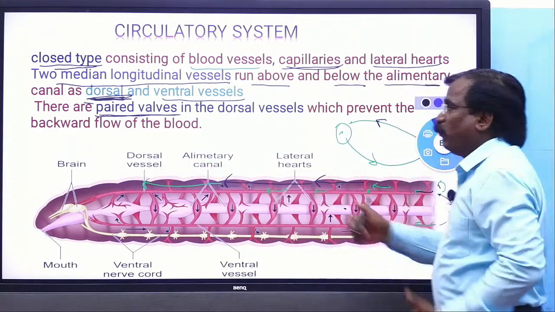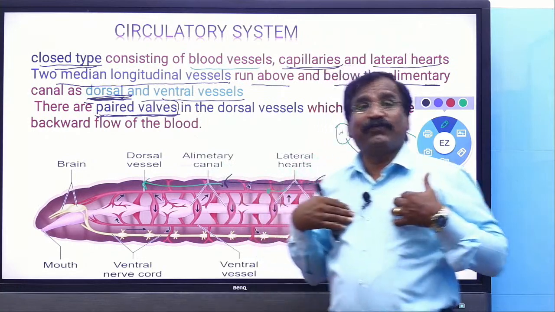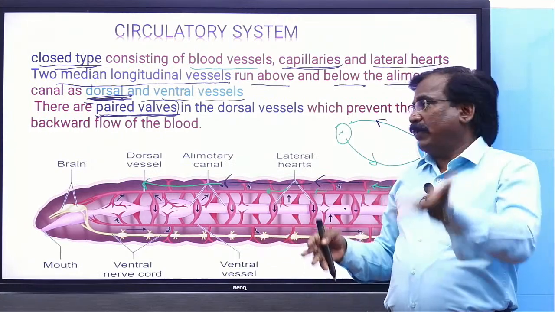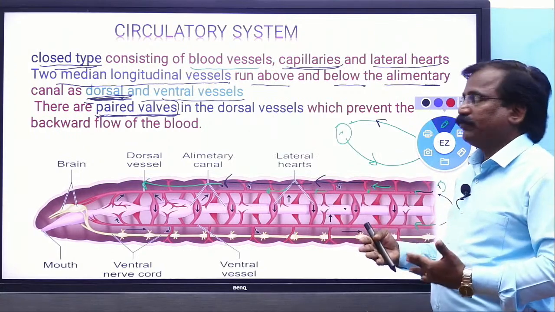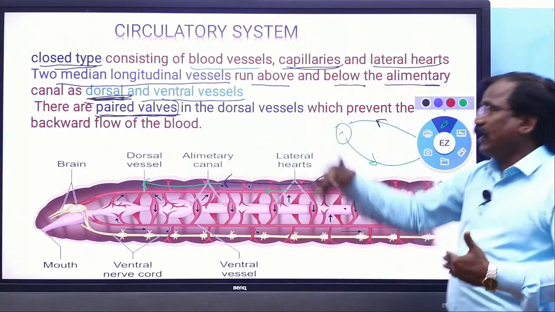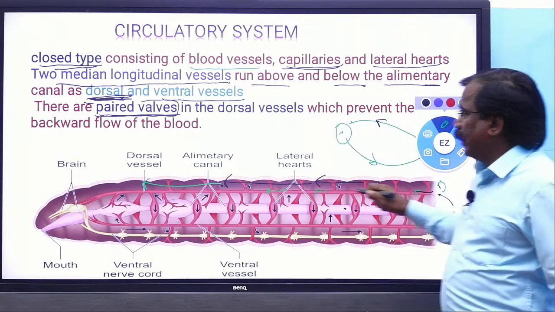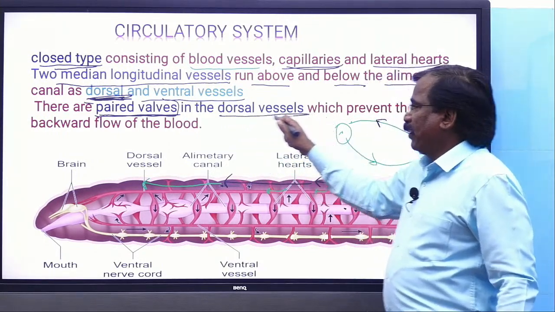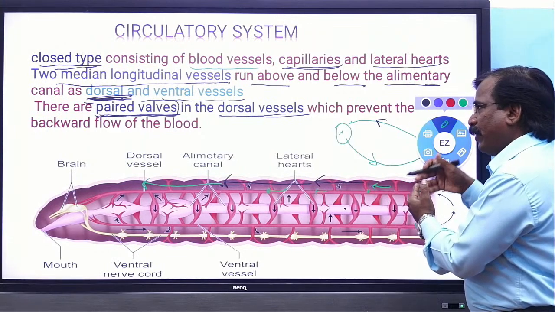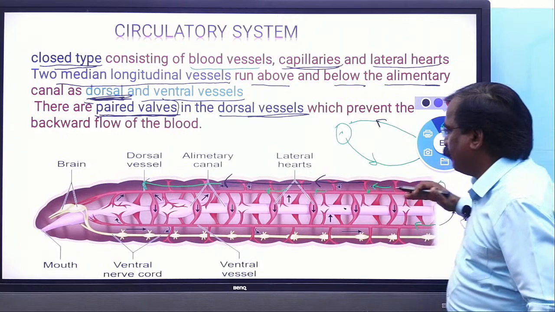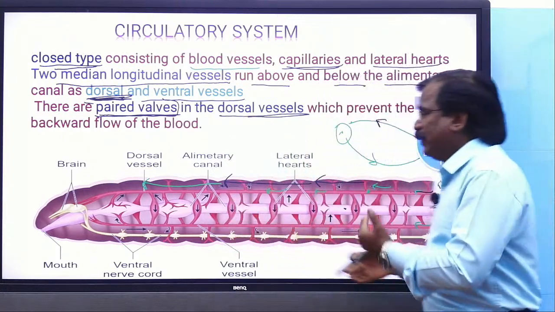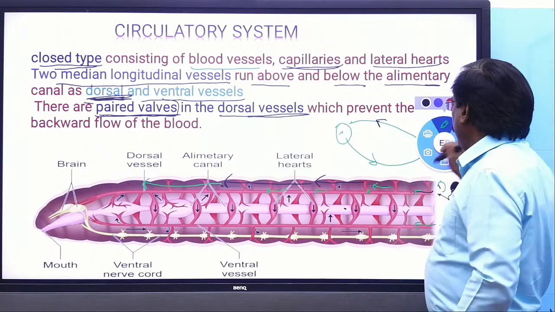No backward flow. Like the heart, wherever a valve is present, its function is to allow the substance to move in one direction only, unidirectional. So the dorsal vessel, above the alimentary canal, collects the blood and runs it from backward to forward, and it possesses paired valves that prevent backward flow. Number one is over.